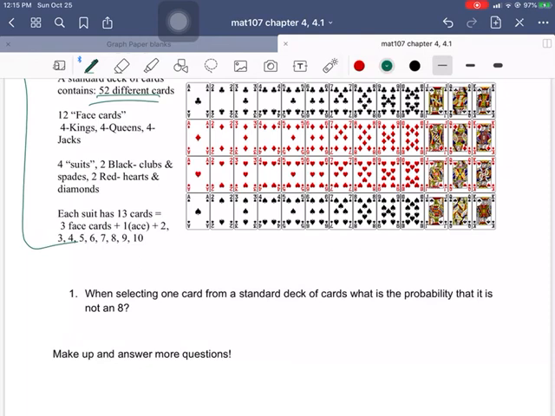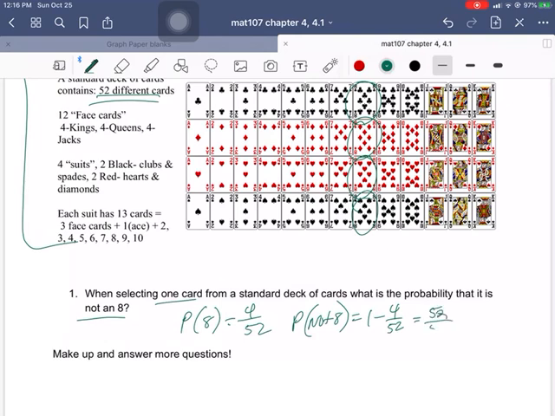Okay, so the probability of selecting a card from a standard deck, one card, that is not an 8. Well, it's easier to find the probability that it is an 8. So 8, 8, 8, 8. So there are 4 out of 52. Okay. So the probability of not an 8 is 1 minus 4 over 52.